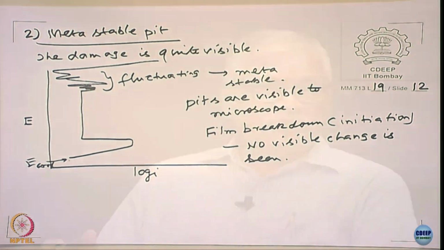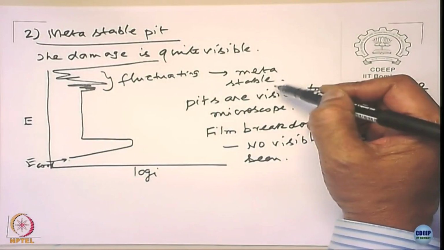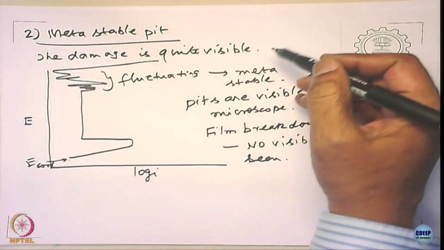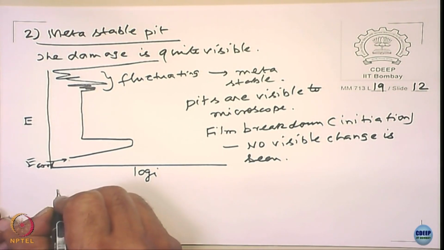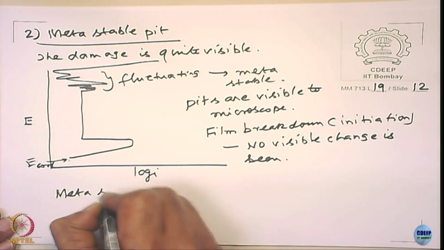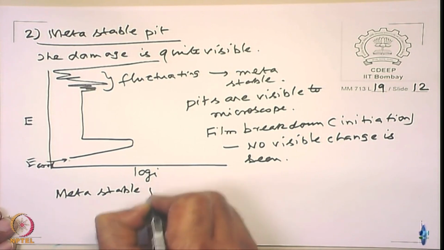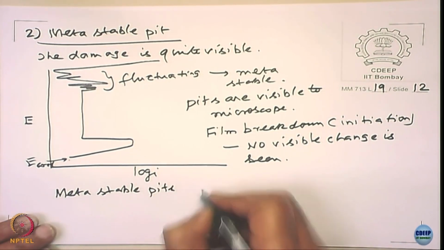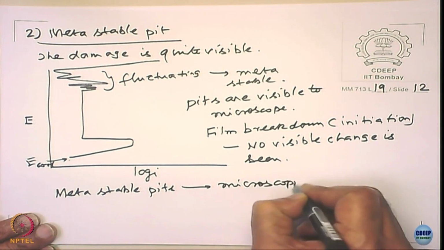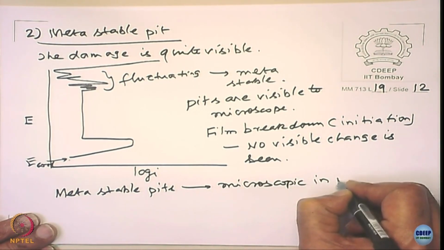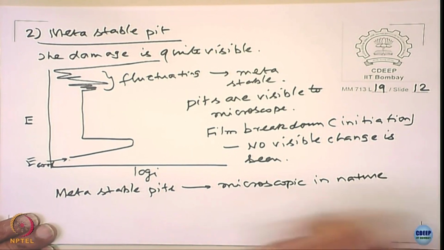It becomes truly metastable, and some of these pits may become stable later, right. So you see a metastable pit here, okay, which are observable in the microscope, and these metastable pits are microscopic in nature, okay.